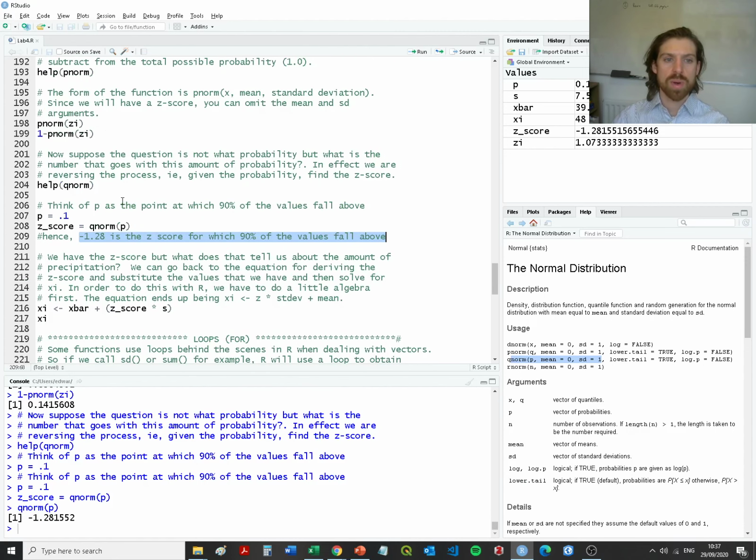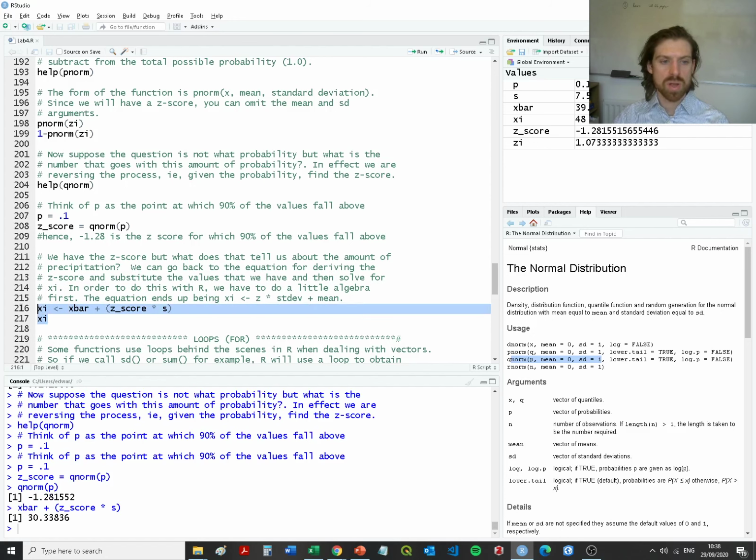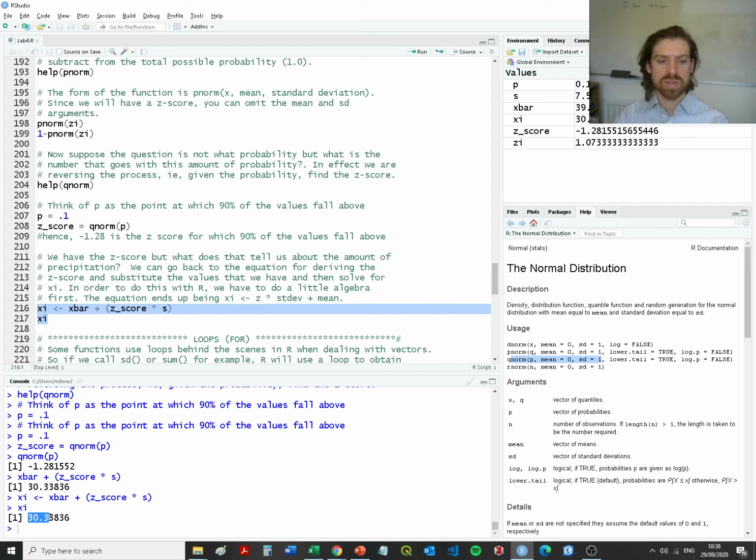So let's go back to the example that we have here within the R code. We're going back to the precipitation example. Let's actually run the code here. We've got x bar plus the z-score times the standard deviation, and we're getting 30 inches of precipitation per year.